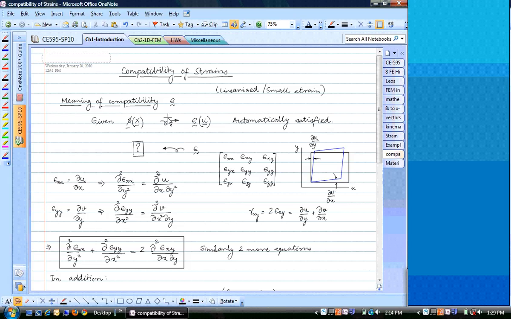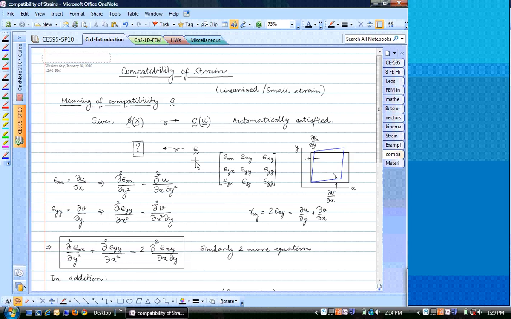Now normally the way that we have talked about kinematics, we said that we will start with a deformation map. If you give me the deformation map phi, if you tell me where big X goes to small x, then I can find out a measure of strain. And this is automatically satisfied, we don't need to satisfy any compatibility if we start out with phi. But on the other hand, there are other types of formulations where people say that my strain is also unknown, so I'm going to solve for my strains.